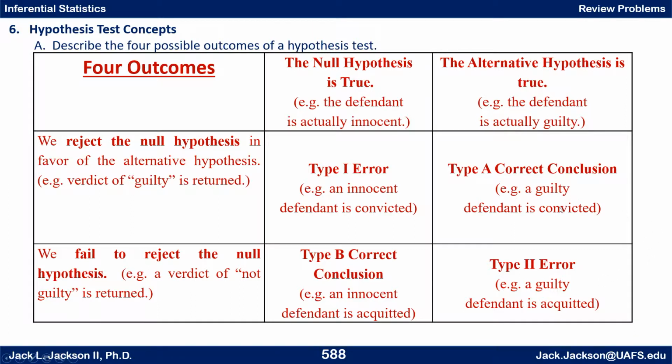That is rejecting the null hypothesis when the alternative really is true. The other good thing that could happen is if we fail to reject the null hypothesis when the null hypothesis is actually true. That would be like an innocent defendant getting acquitted.